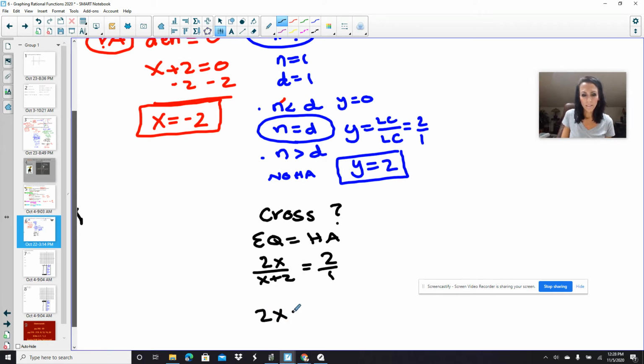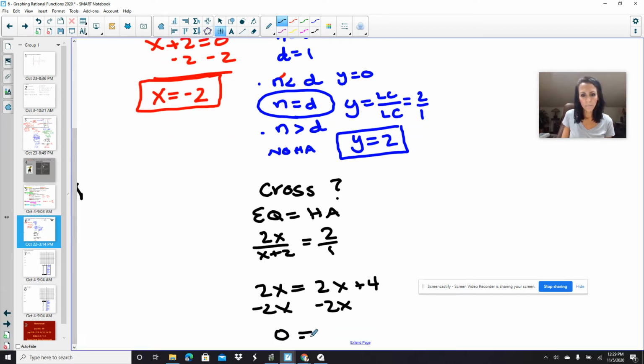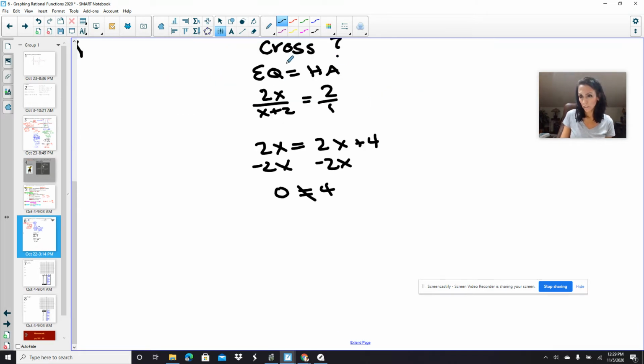We get 2x equals 2x plus 4. Uh-oh. Look at that. We got 0 equals 4. What do you think about that? When that comes out to be not true, the answer to the question, does it cross, is no. It does not cross.